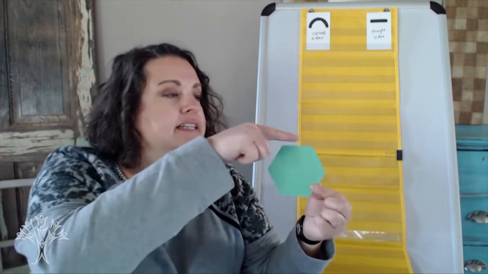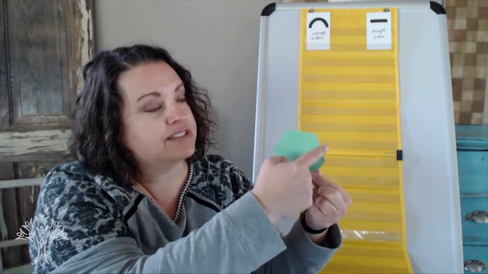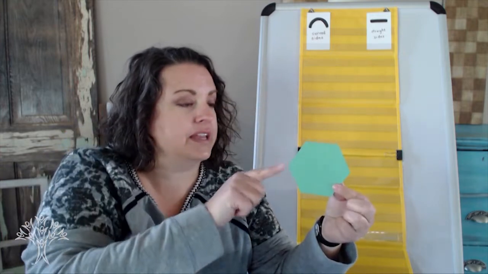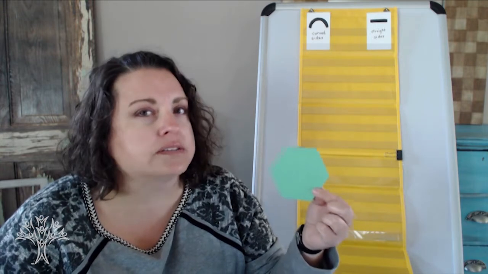And just like there are 6 sides, 1, 2, 3, 4, 5, 6, there are also 6 corners. 1, 2, 3, 4, 5, 6. Do you remember that special vocabulary word I used to describe corners? Mathematicians will sometimes say corners, but they will also say, I heard you. You said vertices. Mathematicians will call those corners vertices.